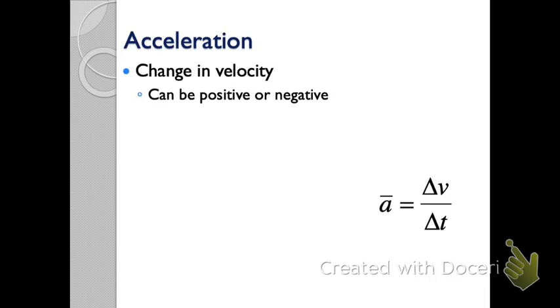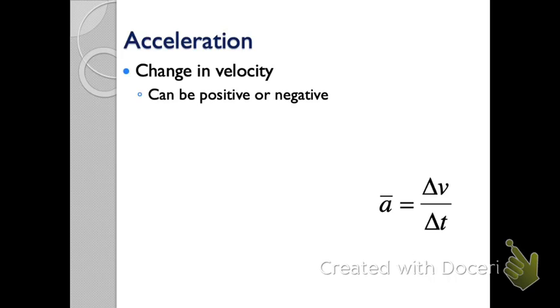Okay, acceleration can be positive or negative. We looked at our little rule of thumb. Do you remember our rule of thumb for positive and negative acceleration? That's with velocity, positive, negative.